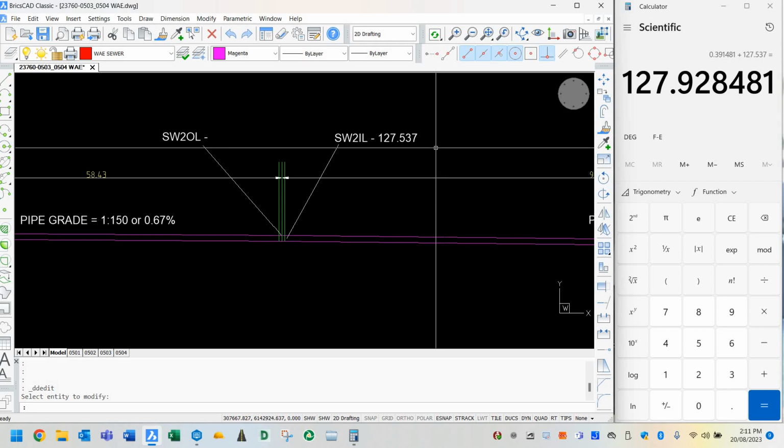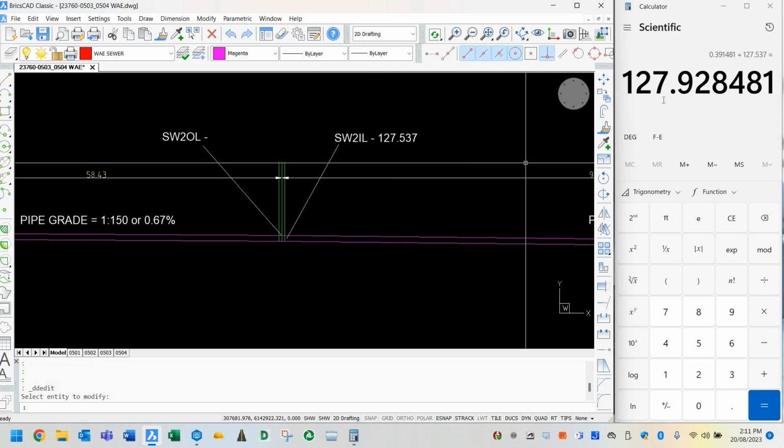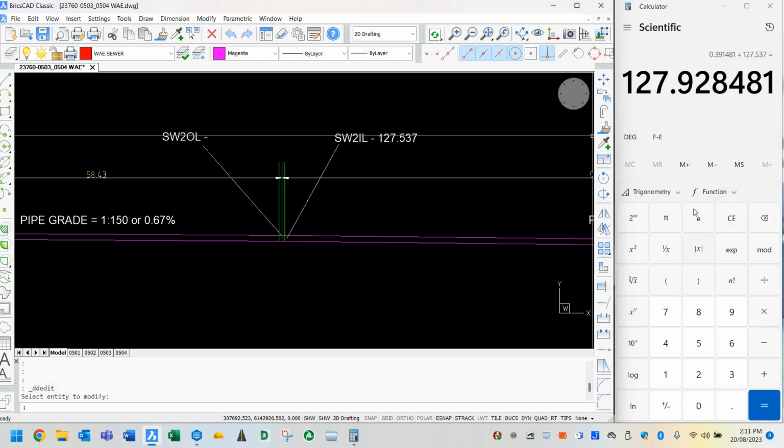So if we know the invert level here is 127.537, we go to the scientific calculator and enter that. The pipe diameter is 900 mils, so the top of the pipe will be 900 mils higher than the invert.